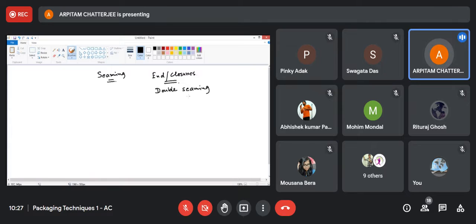Okay. In this double seaming process, basically what it is, as I already told in previous class, you can remember that we created a flange. This is called the flange during the can manufacturing. And again, the lid or closer too has a flange.